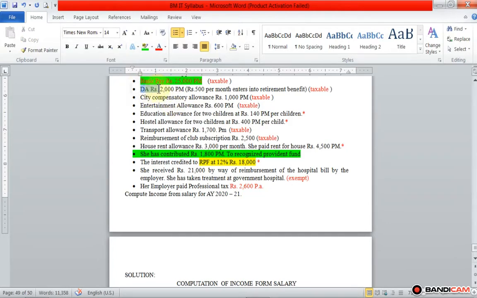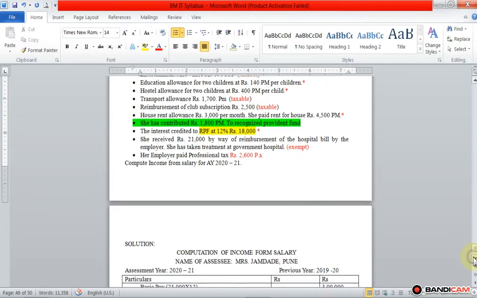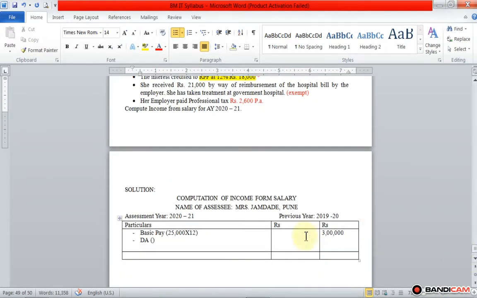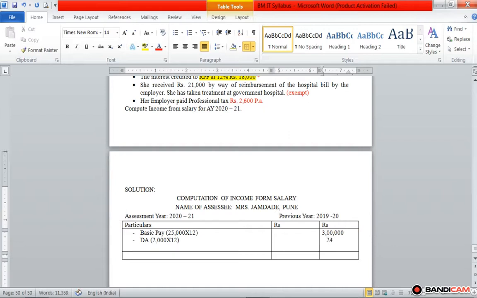Then DA amounting to rupees 2,000 per month. We convert this DA into the whole year, that is 2,000 multiplied by 12, we get the amount of DA for the year, that is 24,000.